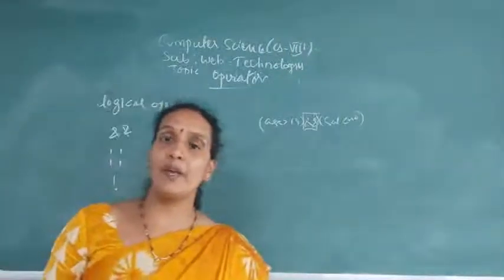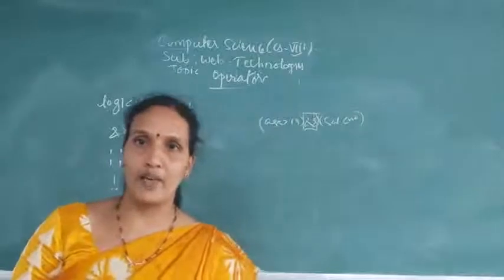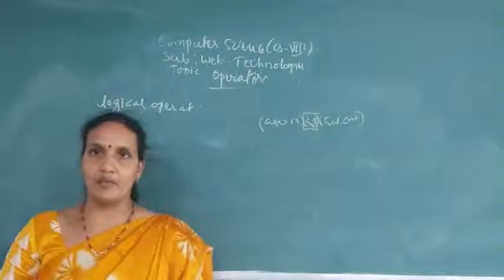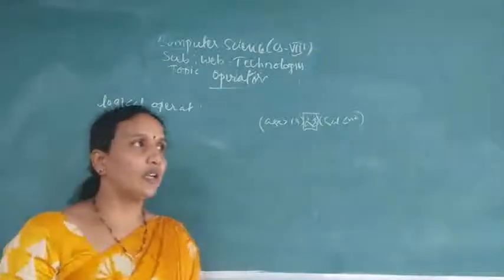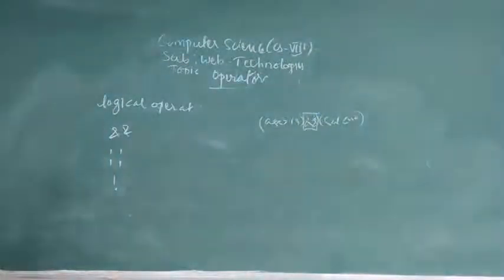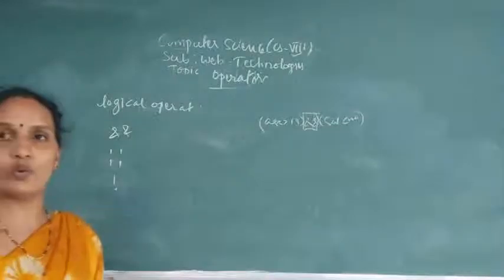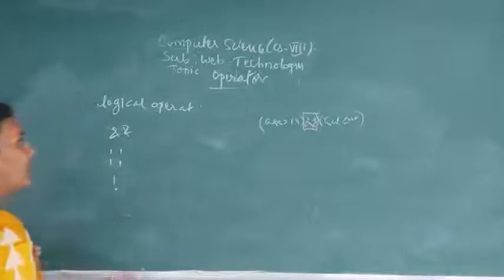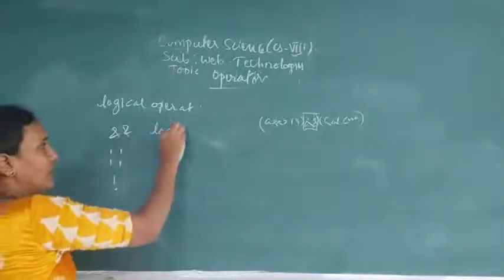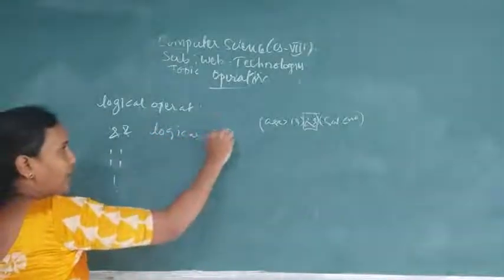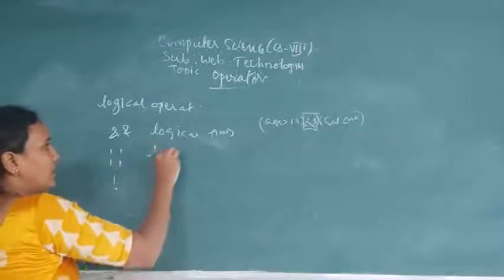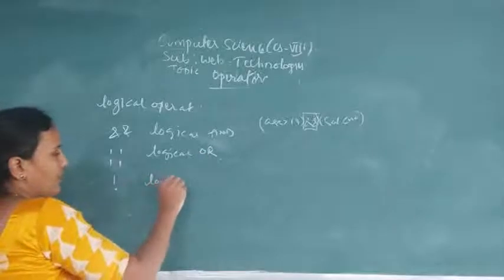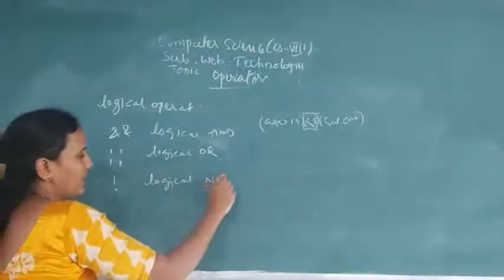When you want to compare more than one relational expression, there we can use the logical operators. This is called logical AND, this is called logical OR, and this is called logical NOT.